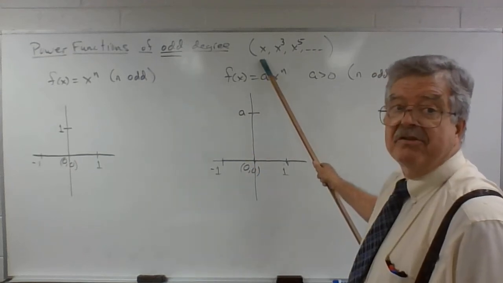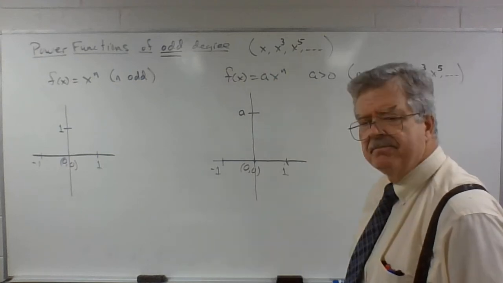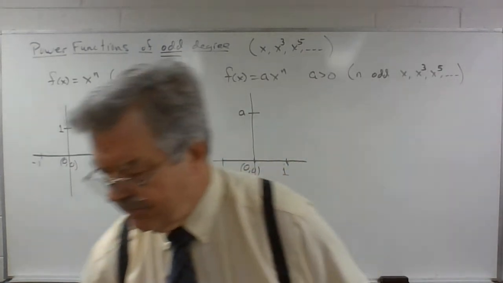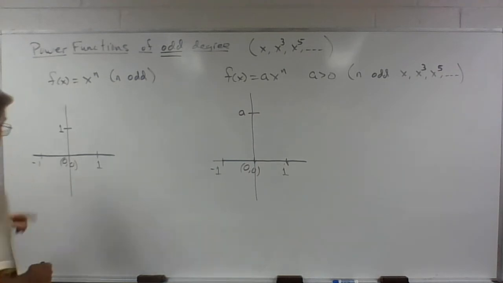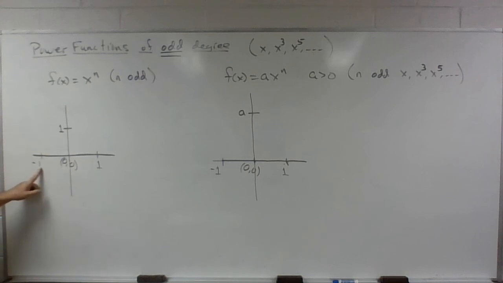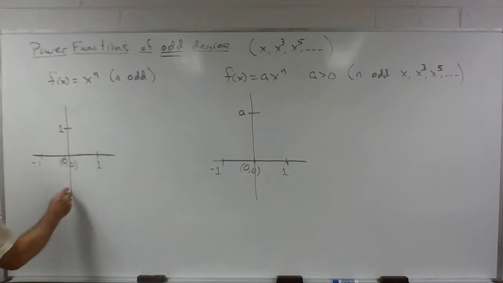Now let's look at power functions of odd degree. x, or x to the first, x cubed, x to the fifth. Let's see what these things look like. And we look at our old friends, x equals negative 1, x equals 0, x equals positive 1. When x is negative 1, negative 1 to an odd power is negative 1.